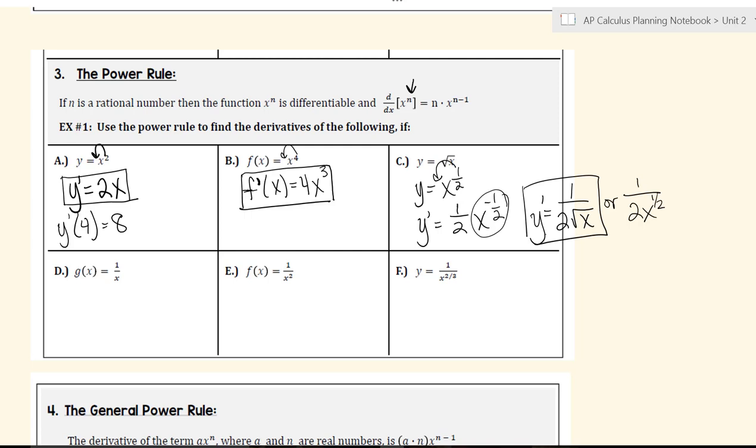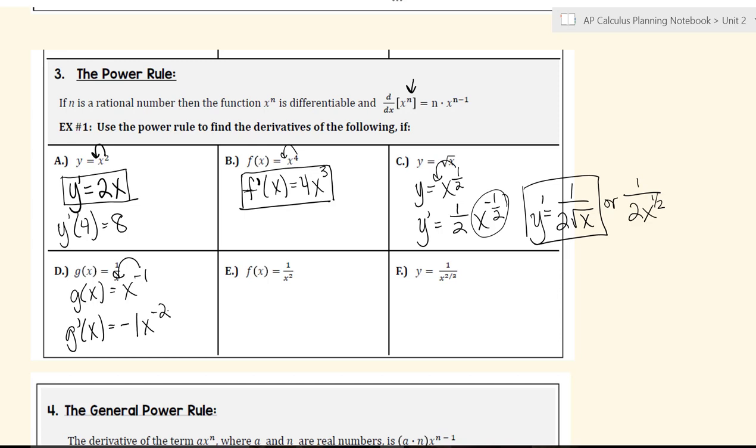Let's look at D. Again, we're going to rewrite, and I'm going to say g of x. We always want to rewrite so that we have exponents. I'm going to say this is x to the -1. Same thing here: g prime of x equals, that -1 becomes the coefficient, and then I subtract 1 from the exponent, so that becomes x to the -2.